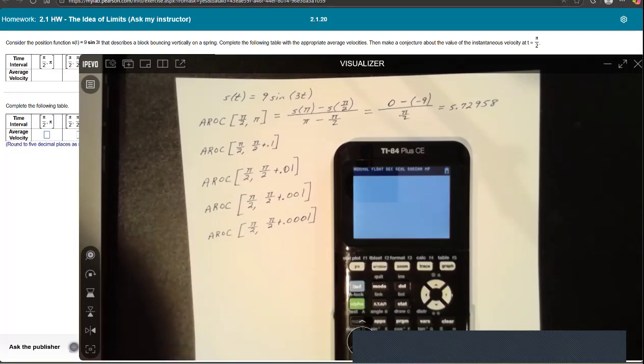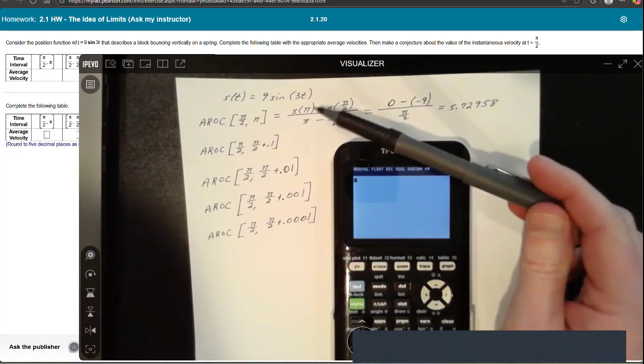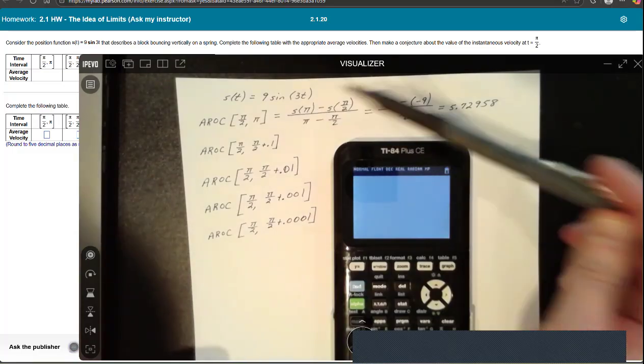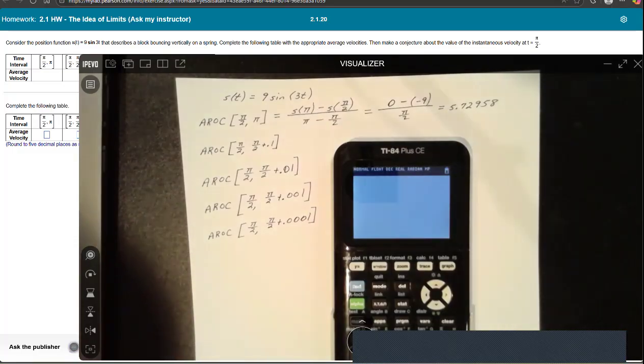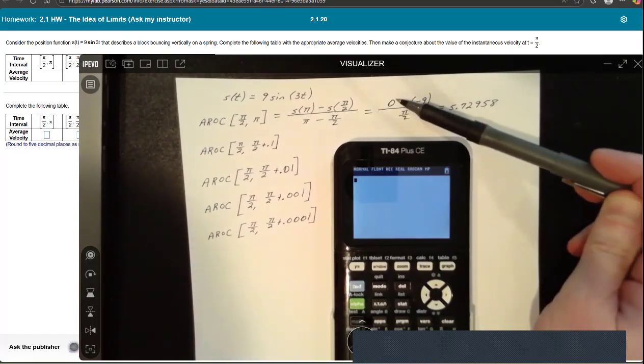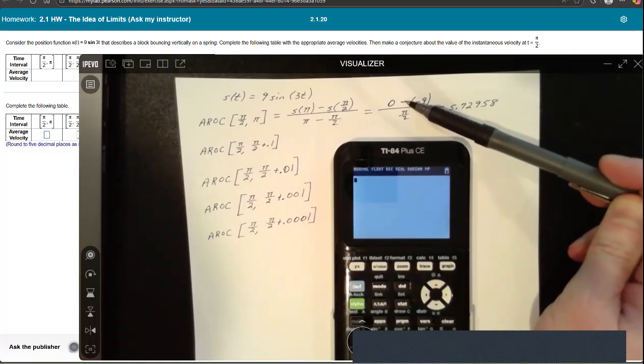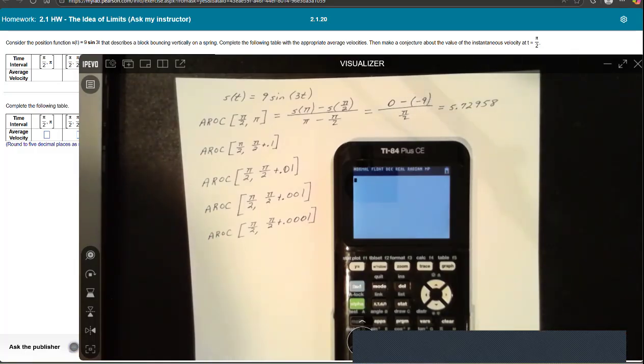It starts off wanting the average rate of change from pi over 2 to pi. When I evaluated the position function at pi, it's just 9 sine of 3 pi, and the sine of 3 pi is 0, so it gave me a 0 for that one. I subtract from that 9 sine of 3 pi over 2.